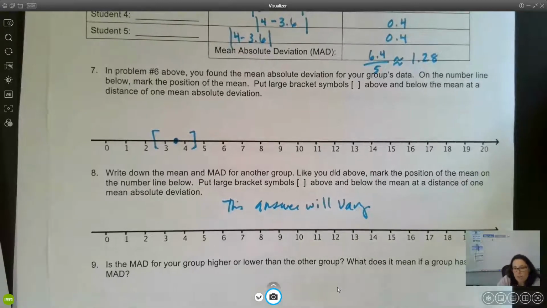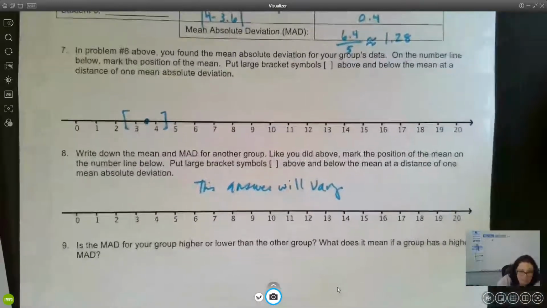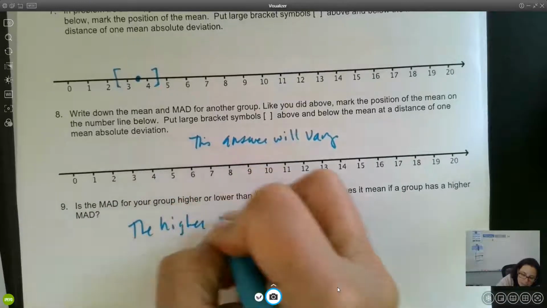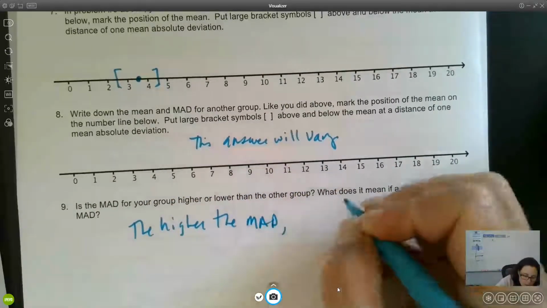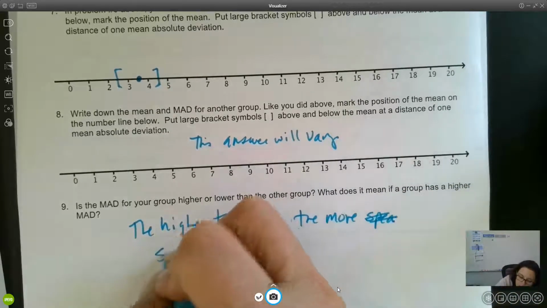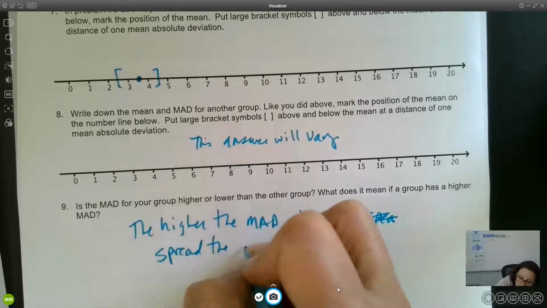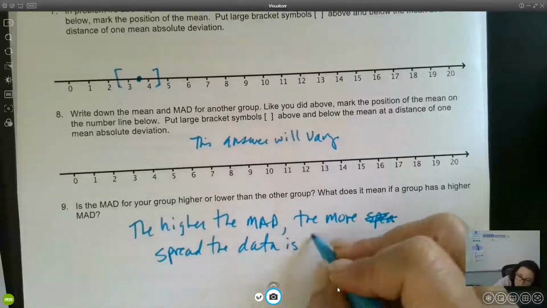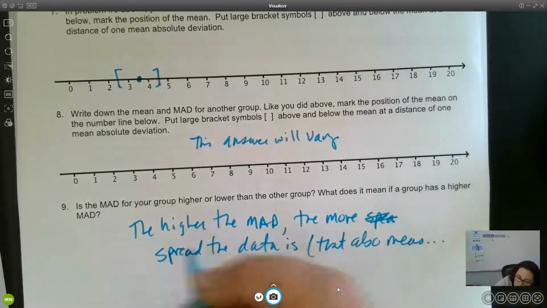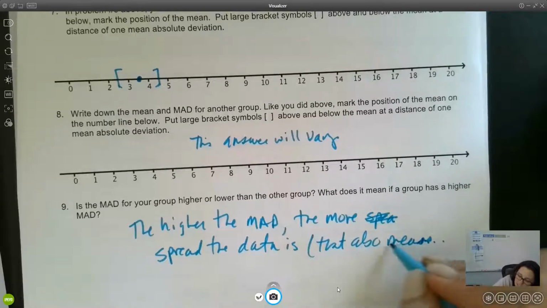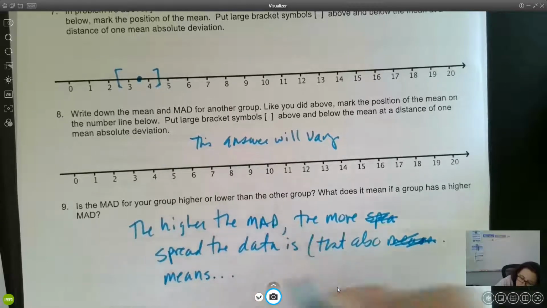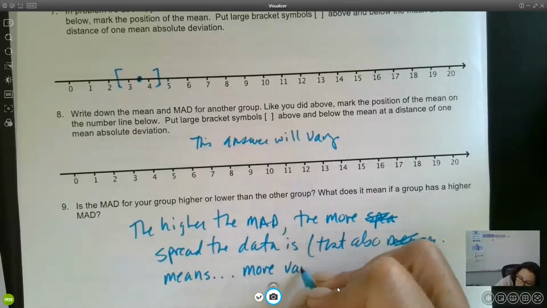Okay, so I'm not going to answer whose is higher or lower because I don't have anybody to compare to, but it's very important to know the higher the MAD, the more spread the data is. Okay, that also means more variability.